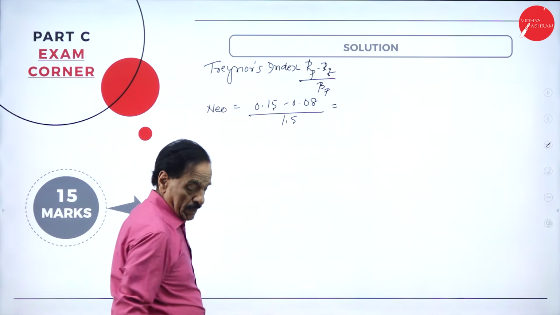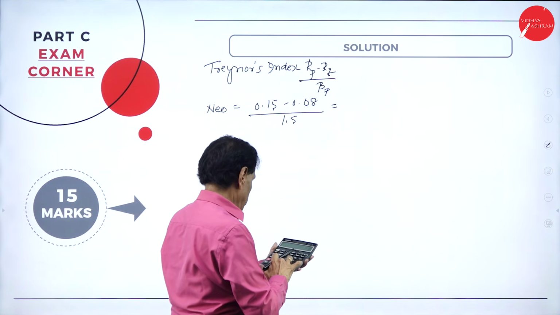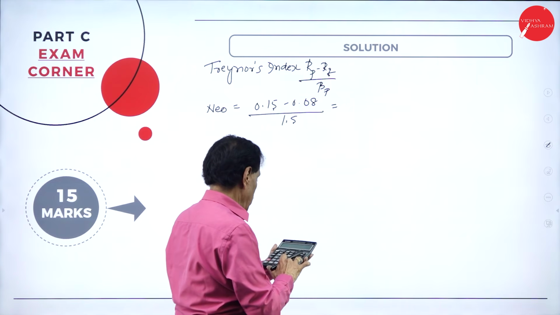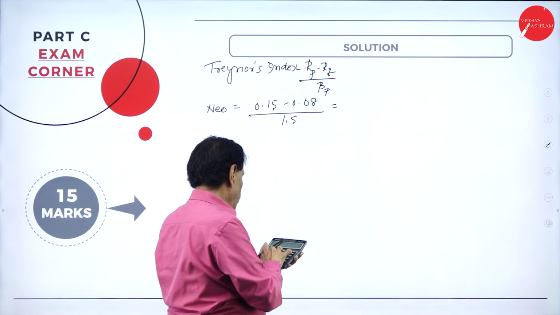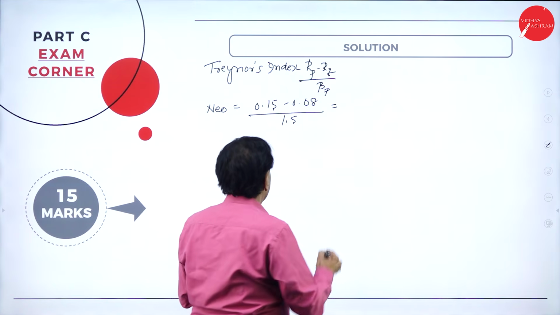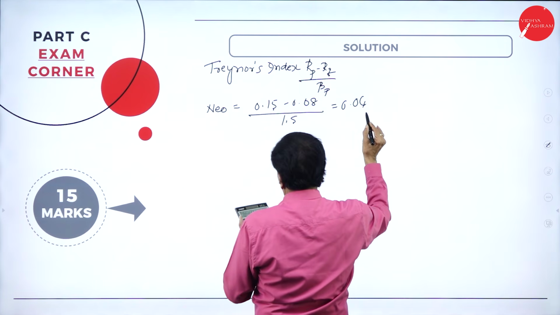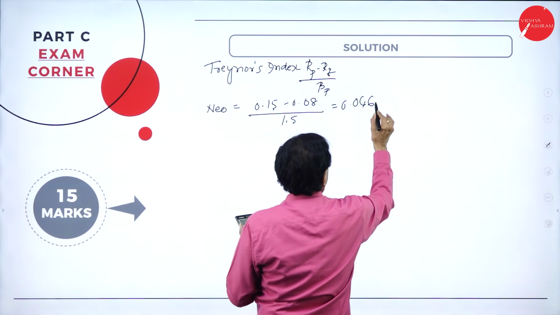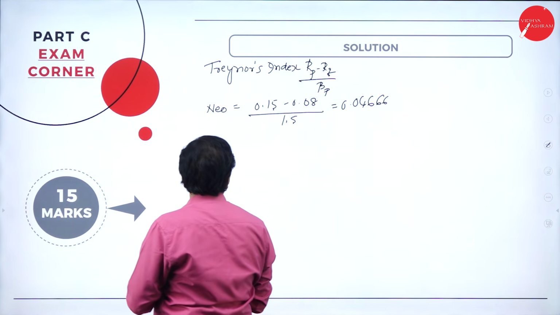Simplify: 0.15 minus 0.08 divided by 1.5. So 0.0466. This goes to NEO.